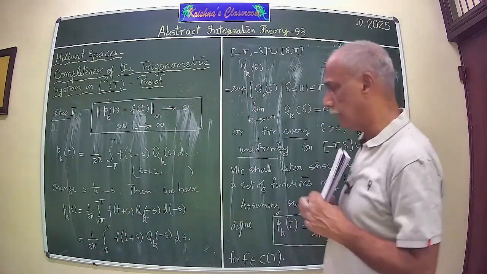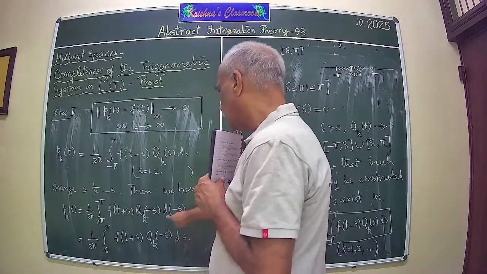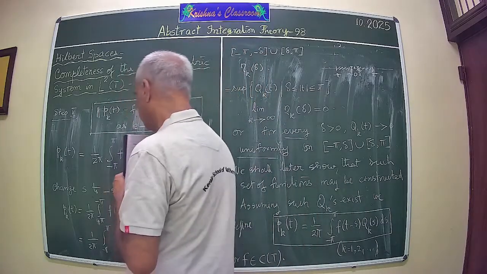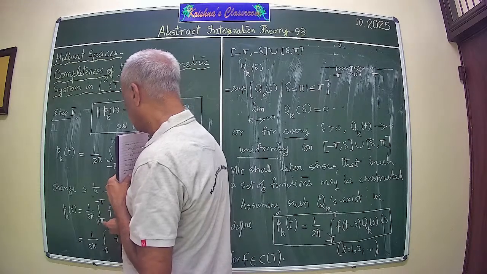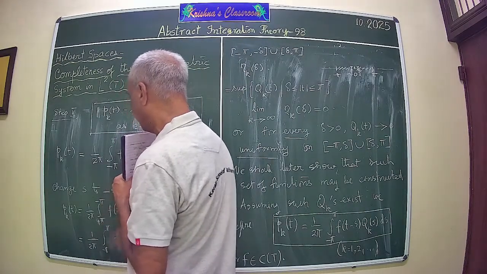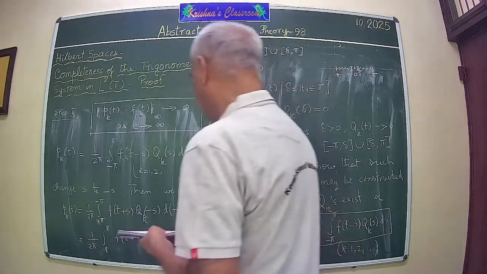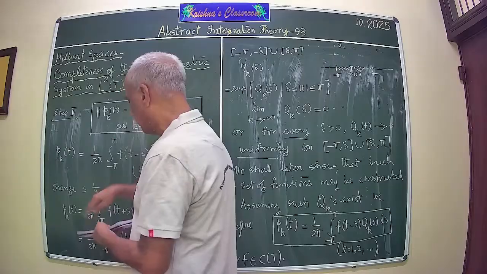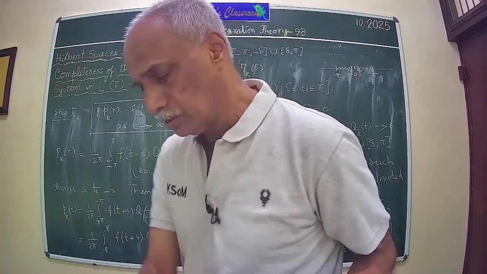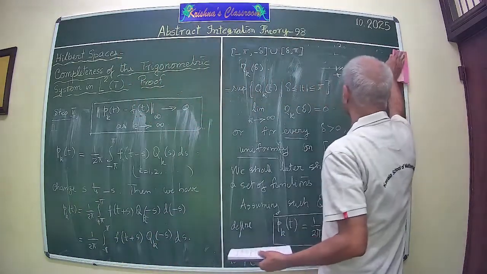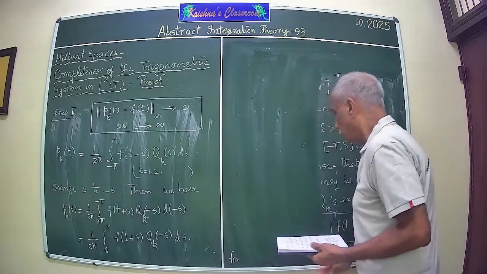Just change s to minus s. ds will become d minus s, so it will contribute a minus sign, and the limits for minus s will change from pi to plus pi to minus pi, and therefore eventually this is what you end up with. With the minus sign and this integral, so we interchange again, so it is from minus pi to pi of this. So now we work on this integral further.